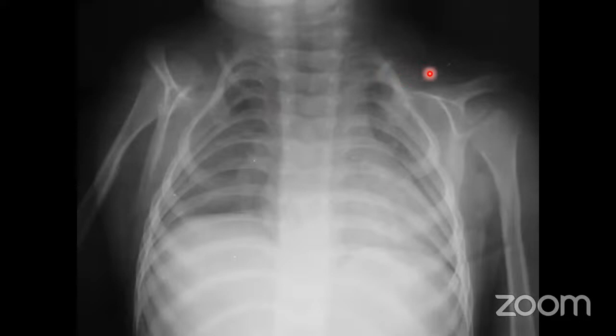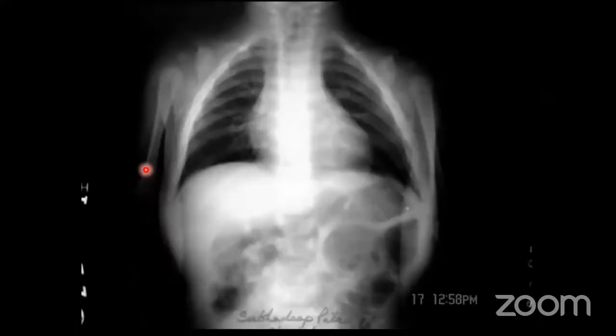Those who have seen the film Paa, this is the X-ray of the character who was suffering from progeria, or Hutchinson-Gilford disease. These are the clavicles of progeria. In fact, the patient came to the Institute of Child Health. I was lucky enough to be there at that time, so I could see this X-ray, and it came to me only for the X-ray.